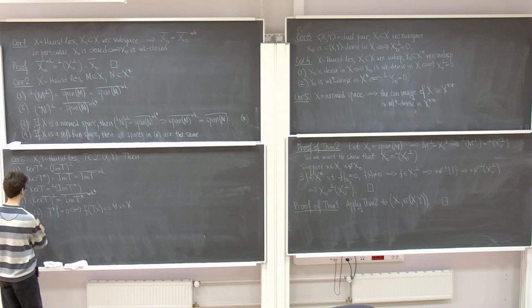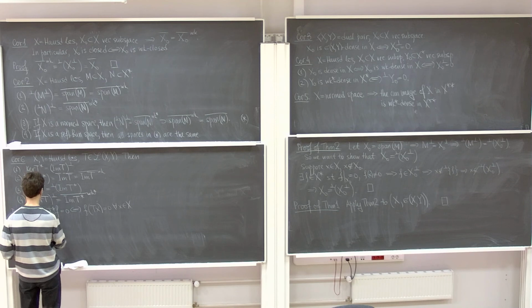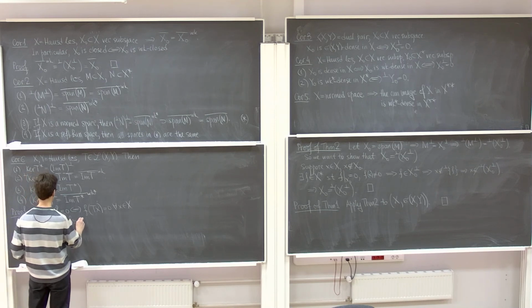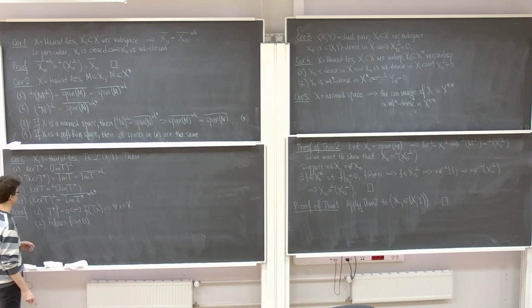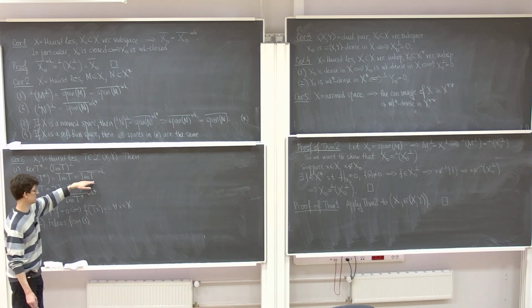To get part 2, we simply take the pre-annihilators in part 1 and use the double annihilator theorem. So we take the annihilators and we conclude that the pre-annihilator of this equals the closure, or equivalently the weak closure, of the image.